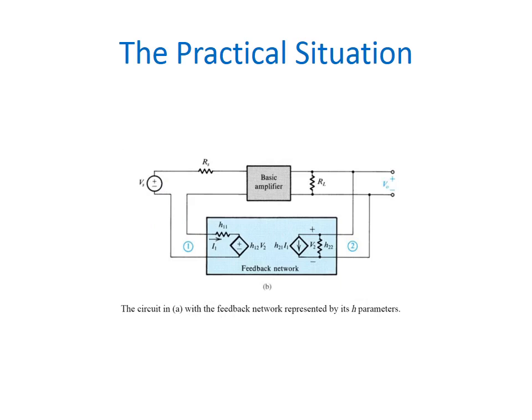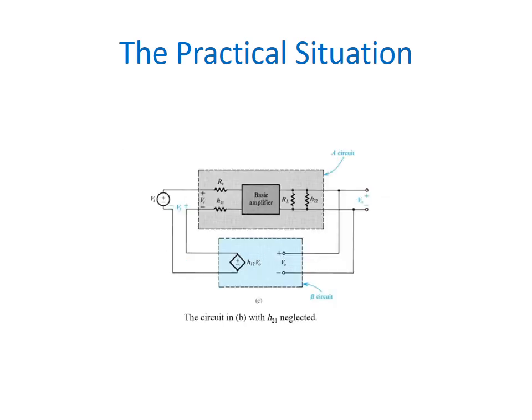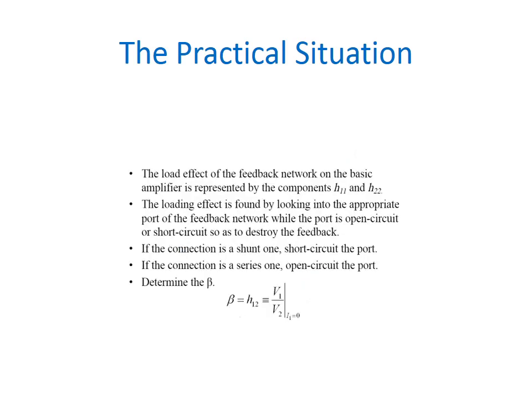This is the equivalent circuit of the previous diagram with the H parameter model for the feedback network applied. So in the feedback network we have applied the H parameter model. In the H parameter model we are going to neglect the parameter H21 in the circuit, so that the load effect of the feedback network on the basic amplifier is represented by components H11 and H22.